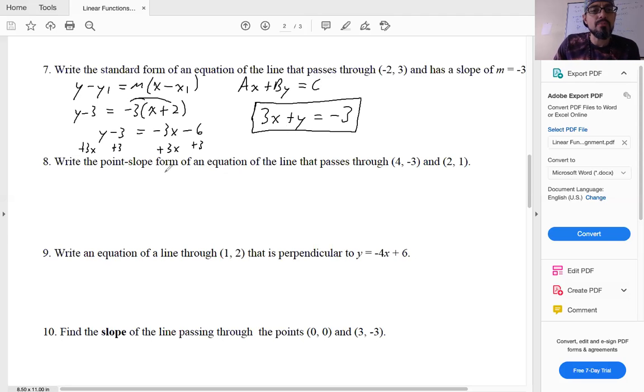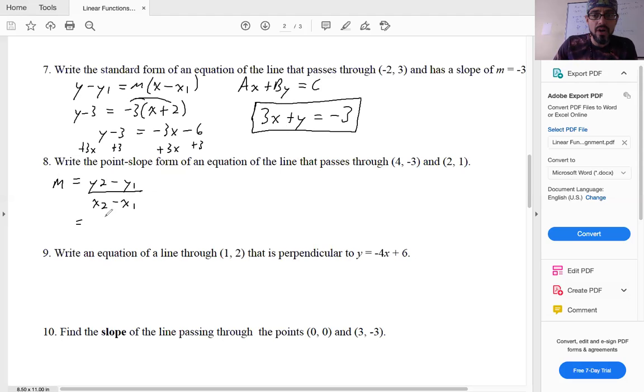It says, write the point slope form of an equation of a line that passes through these 2 points. Well, in order to use the point slope formula of a line, you need a point and the slope. Now, we have 2 points, but we don't have the slope. So we're going to have to use the slope formula to calculate it. If you recall the slope formula being y2 minus y1 over x2 minus x1, and then we substitute it in there.